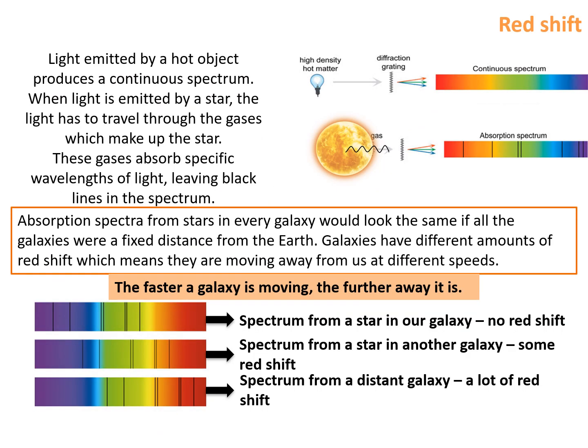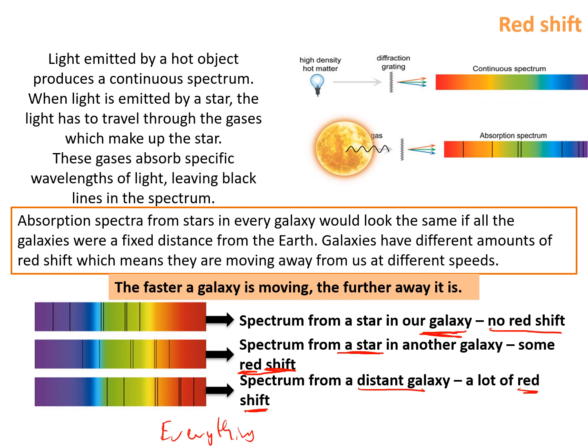So what do we know? In our galaxy, where objects are not moving away from us, there's no redshift. In other galaxies, there is a redshift, and in distant galaxies, there's a big redshift. So what this means in space is everything is moving away from us.